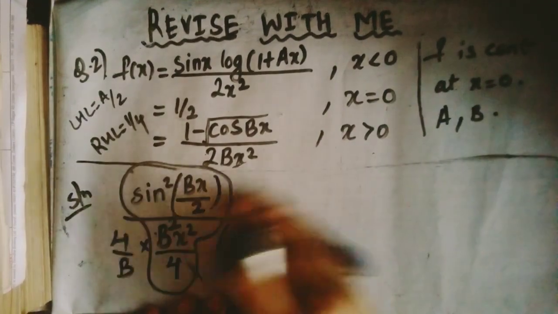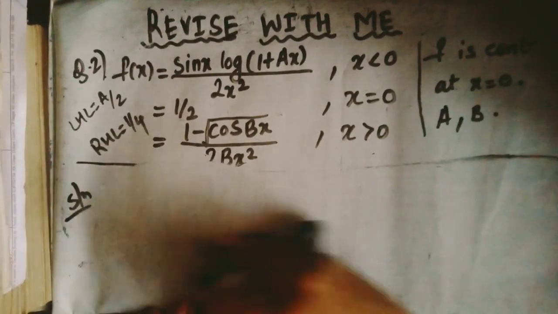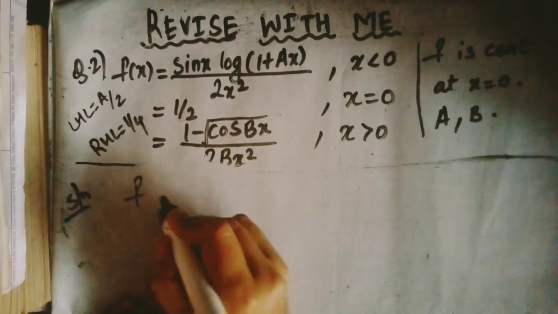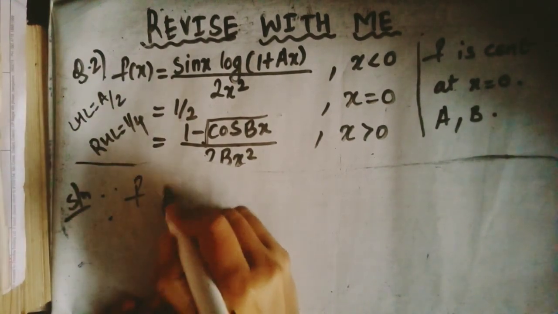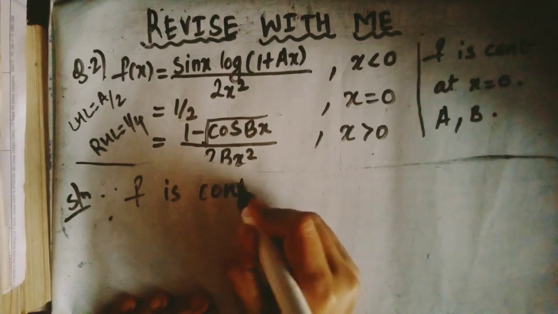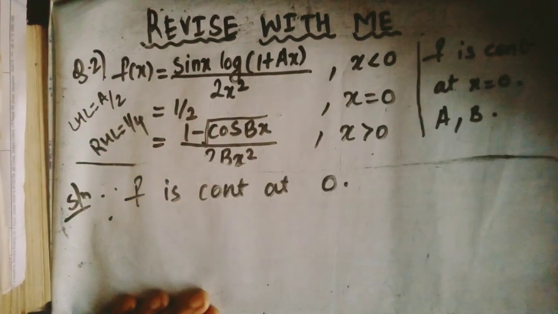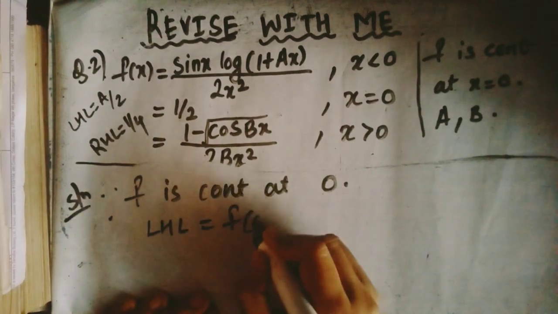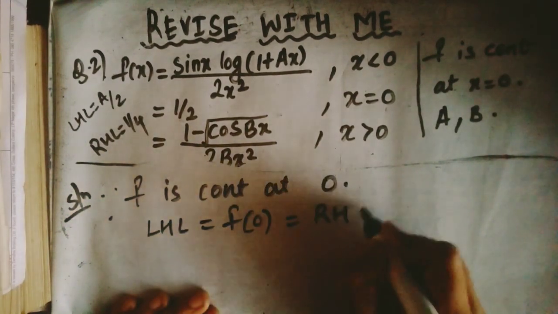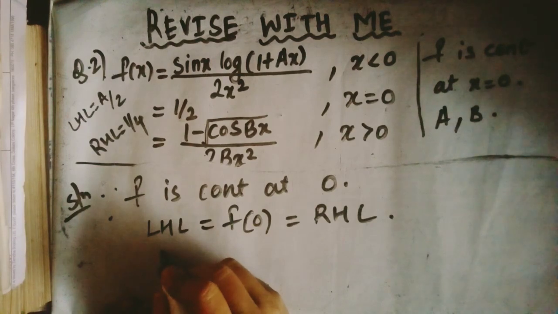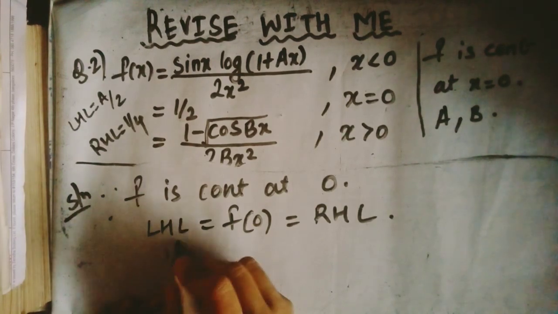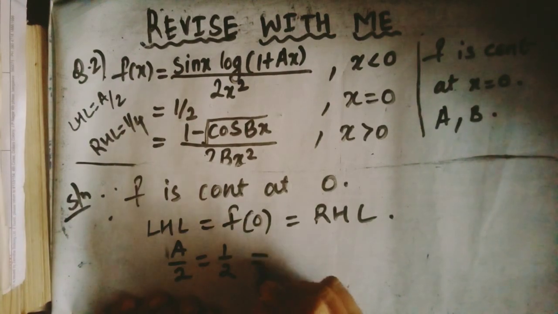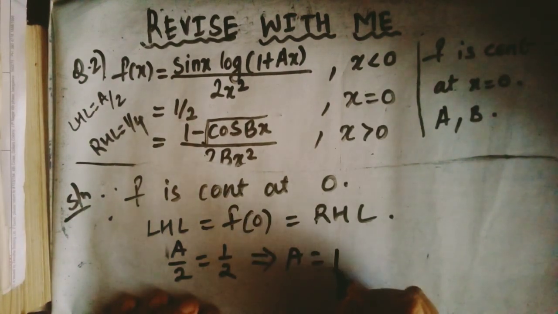Now you can equate RHL and LHL to f of 0, okay, because f is given continuous. Since f is given continuous at 0, LHL is equal to f of 0 is equal to RHL. Okay, so f of 0 is half, LHL is a by 2, which is equal to half, so we'll get a as 1.